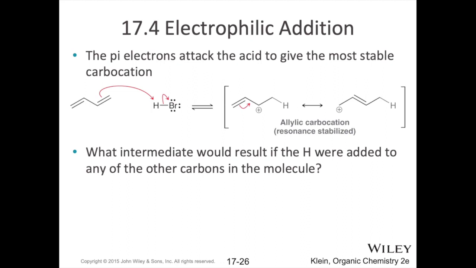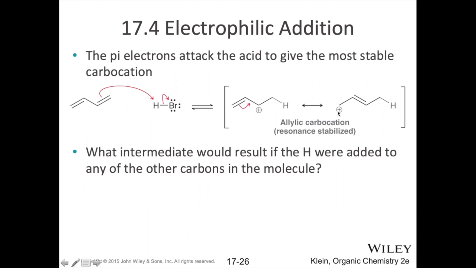So it turns out that both resonance structures of our allylic carbocation yield our two products. So this carbocation over here yields that product we were expecting. But notice that if we shift this double bond over, we move that positive charge over here, that yields our other product that we see.